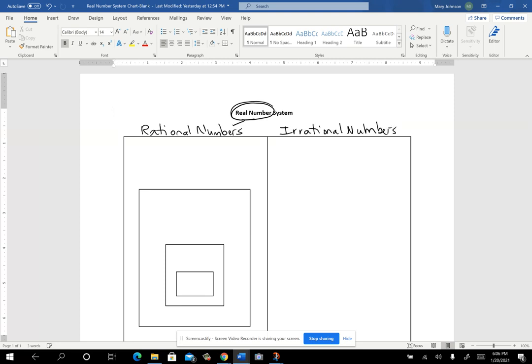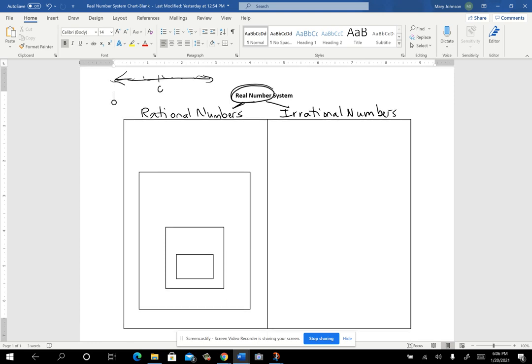Okay, so all of those together would make up the real numbers. All right, and real numbers are what we're talking about when you have a number line. It's a real number line. And so that means every spot on that number line has a real number that you could associate with it, and every real number has a location on the number line. It goes both ways.